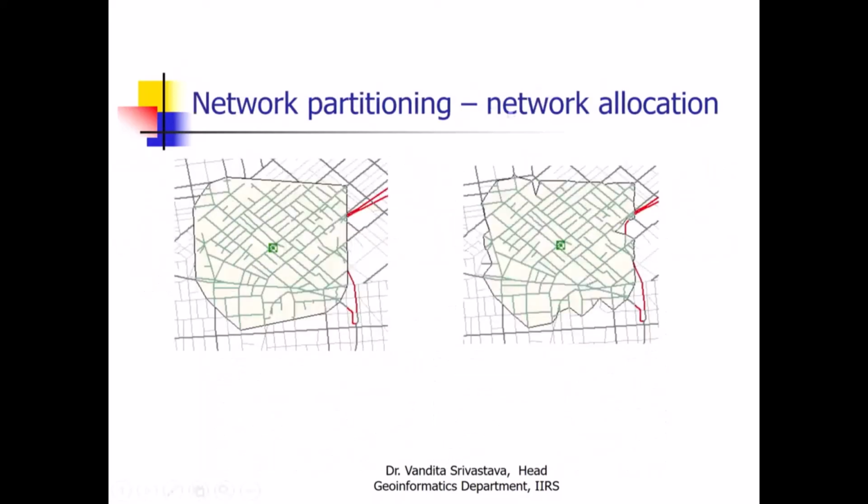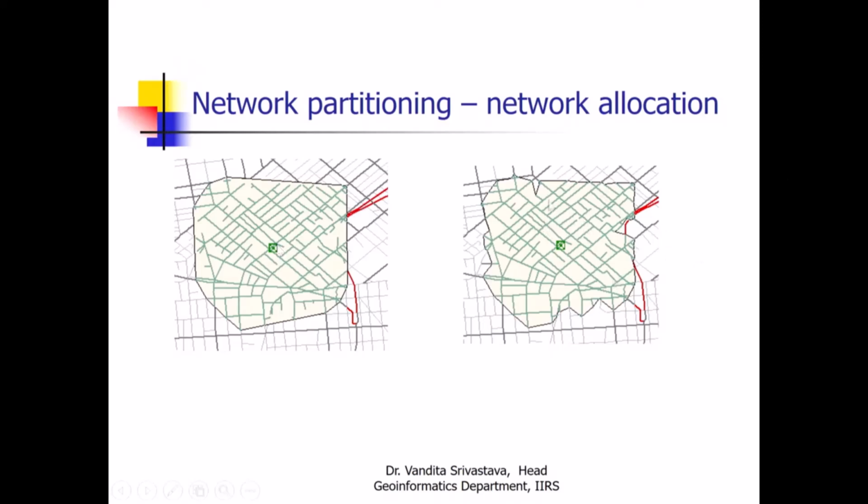And partitioning, as I said, could be based simply upon the distance, or it could be based upon a constraint on travel, like travel on the road. So this is aerial, and this is a constrained allocation of the facility. Usually when you do location allocation, you have more points like this and you have to decide which areas are to be allocated to this facility, as I showed in that global function.